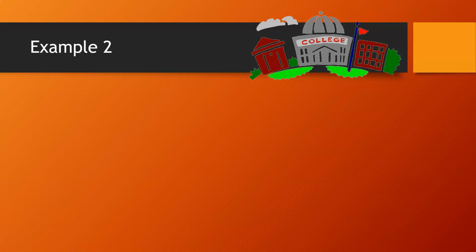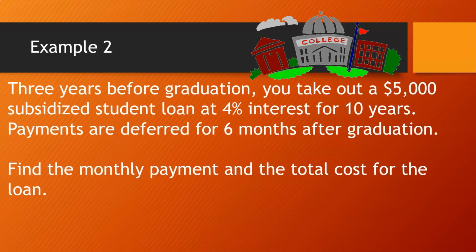Now let's change something in that first problem to make a second problem. 3 years before graduation, you take out a $5,000 subsidized student loan at 4% interest for 10 years. Payments are deferred for 6 months after graduation. Find the monthly payment and the total cost for the loan.